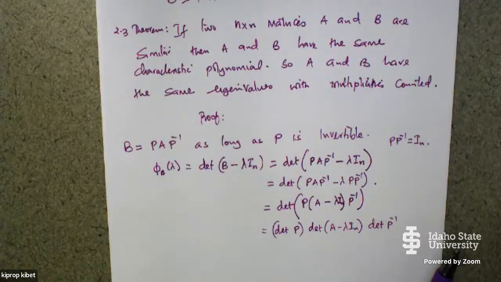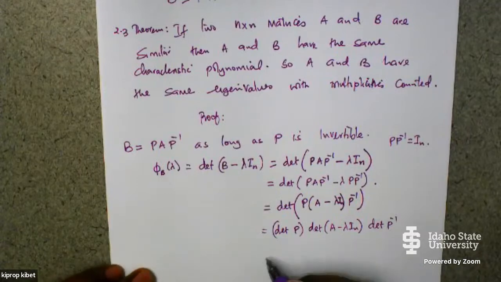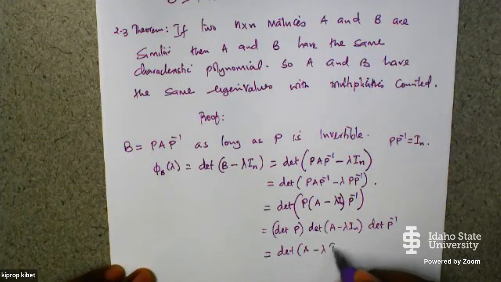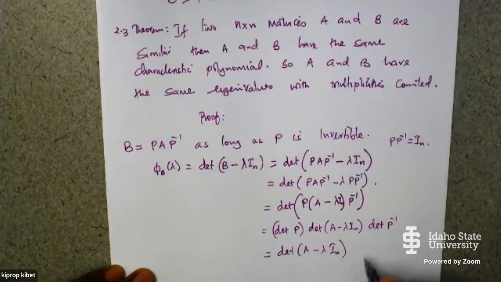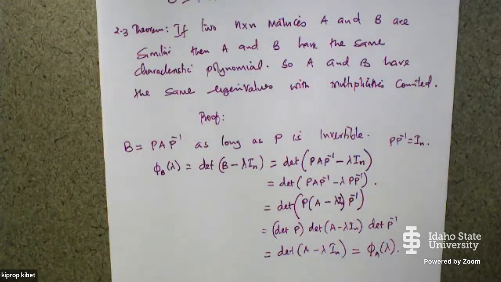The determinant of the identity is 1, so what remains here is the determinant of A minus lambda I n, which is the characteristic polynomial of A. So basically, the characteristic polynomial of P is equal to that of A. Any questions?